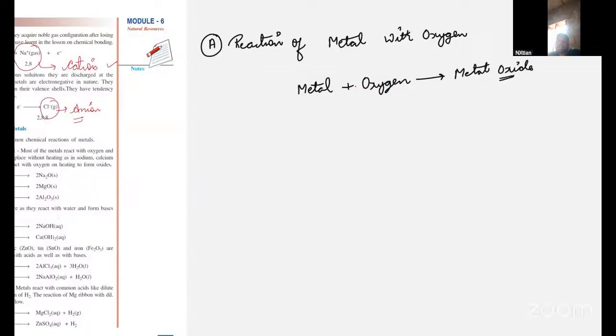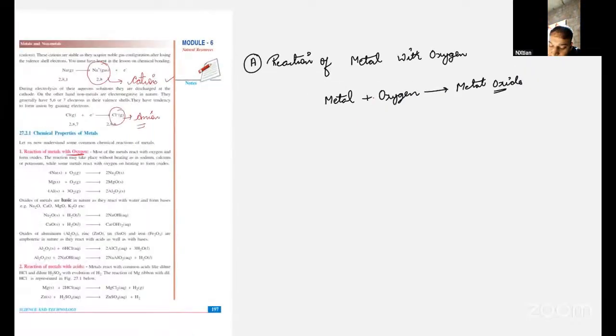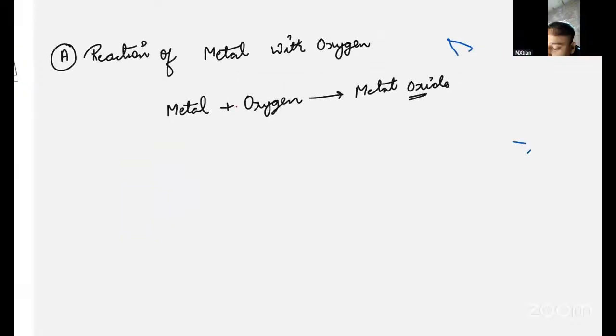So this metal oxide, we learned just now in acid, base and salt, is what in nature? Metal oxide is basic in nature. I gave you the example, na?